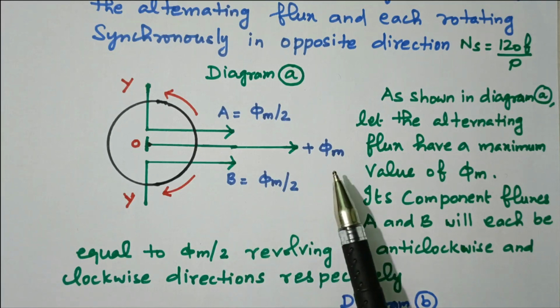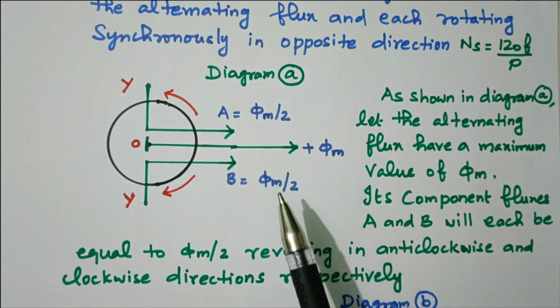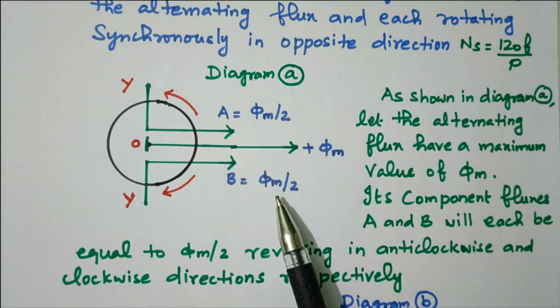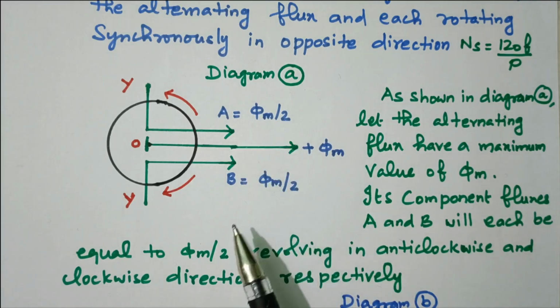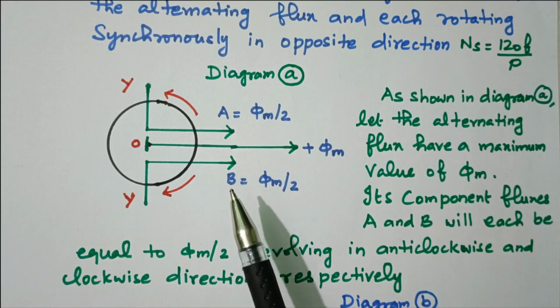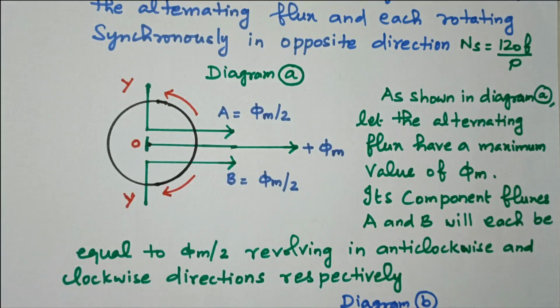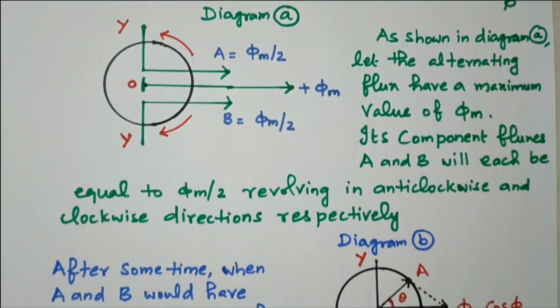Right, so the maximum flux is phi m, that is divided into two equal parts, phi m by 2, A and B. This B rotates in clockwise direction, A rotates in anti-clockwise direction. So step by step we see how the net flux is zero while rotating in this direction. So this is diagram A. Now we'll go to the next diagram B.